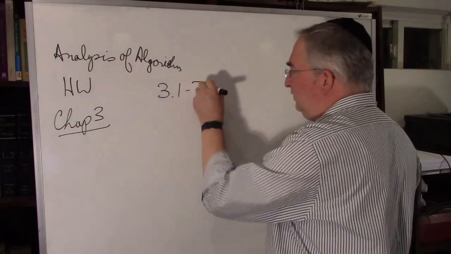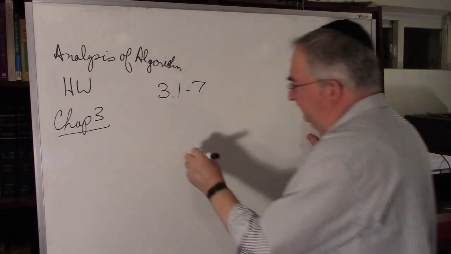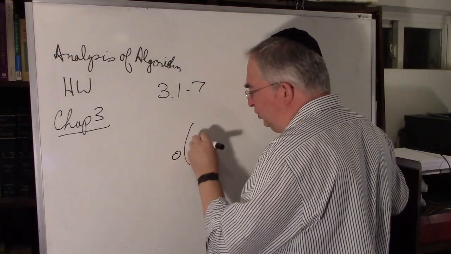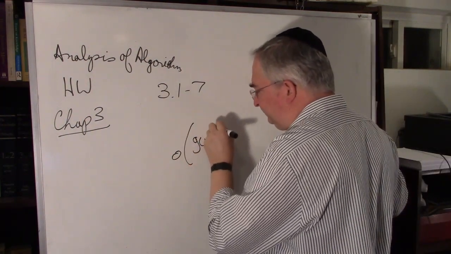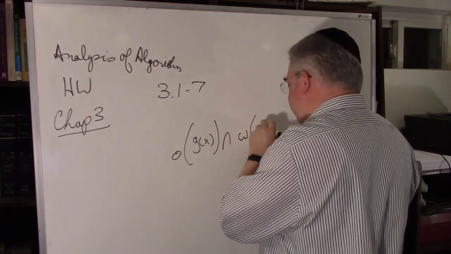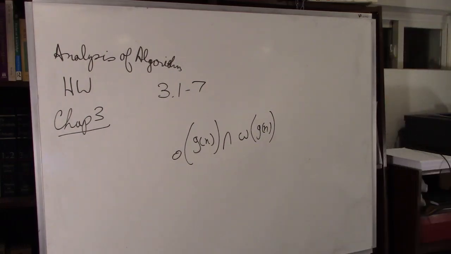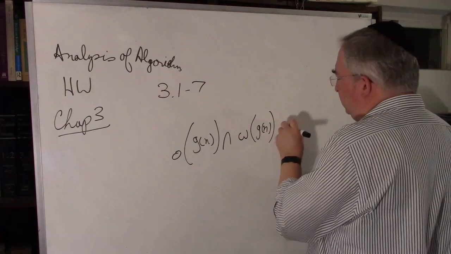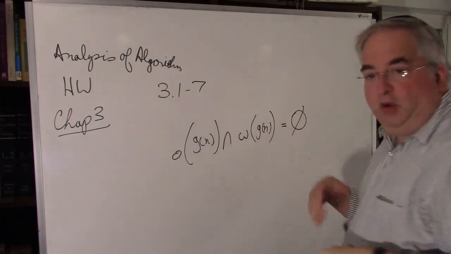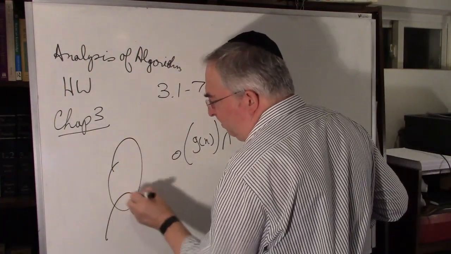This is 1.7. O of g of n, little o of g of n, intersect omega of g of n. We want to show it's the empty set. I'll do this a few different ways. Here's one idea.